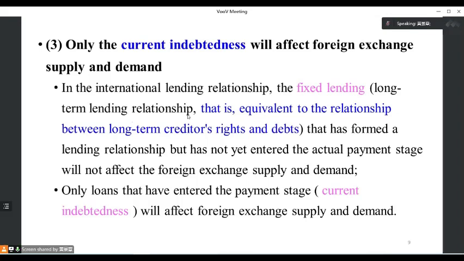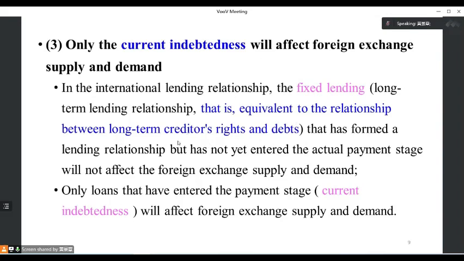Long-term lending relationship is equivalent to the relationship between long-term creditors' rights and debts. In the brackets, the explanation of fixed lending: that has formed a lending relationship, but has not yet entered the actual payment stage, will not affect foreign exchange supply and demand.